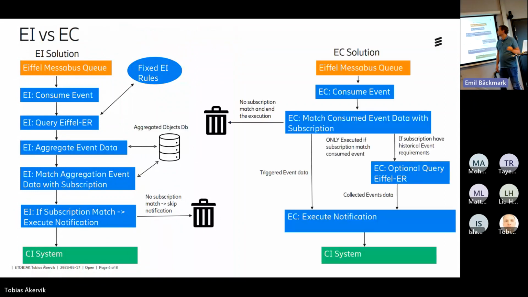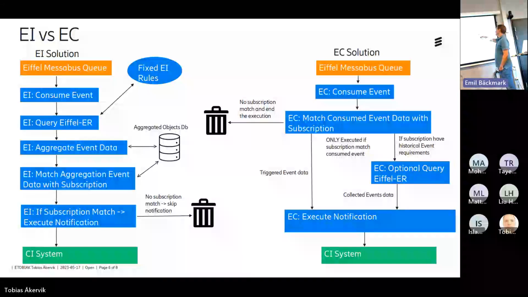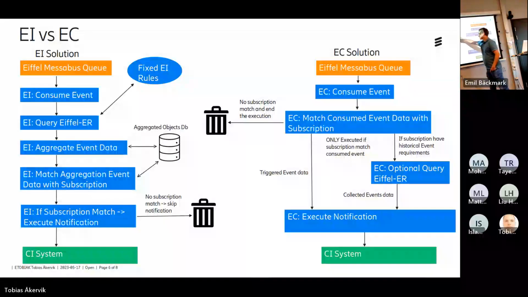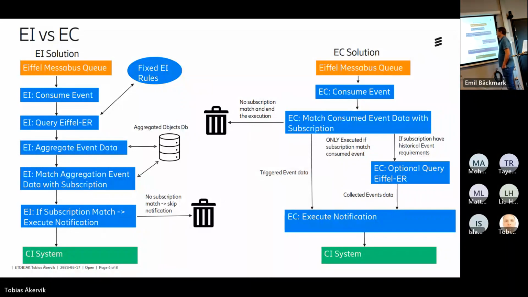If we add the EC, the collector solution, we will consume the message bus, consume the event, and now we do the subscription matching on the start event. So if we don't want to proceed with this event, we throw it in the trash and we don't query ER.